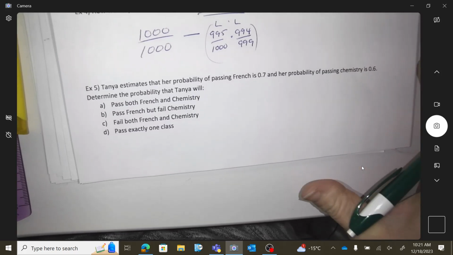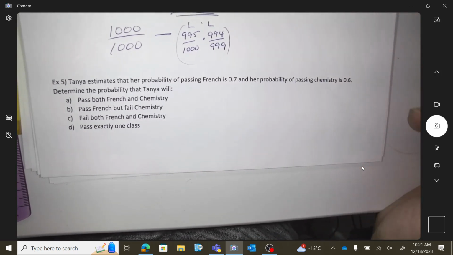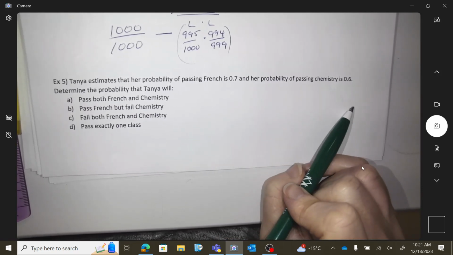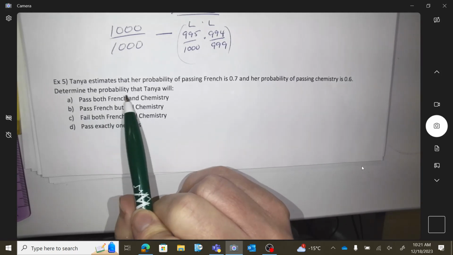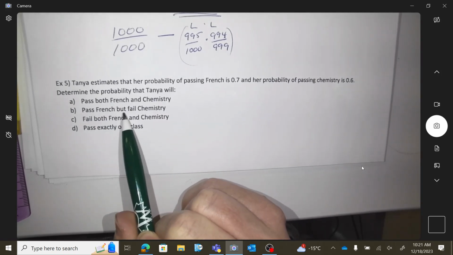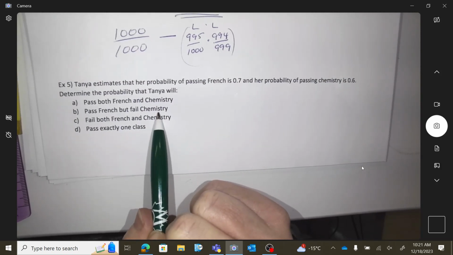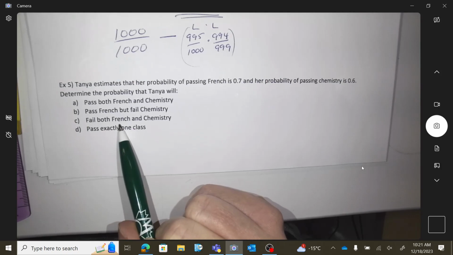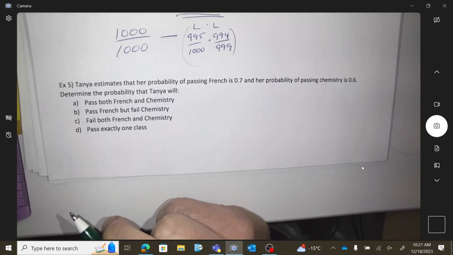Okay, Tanya estimates that her probability of passing French is 70%. Her probability of passing her chemistry class is 60%. Determine the probability that Tanya will pass both, pass French and fail chemistry, pass both, or fail both, pass one.